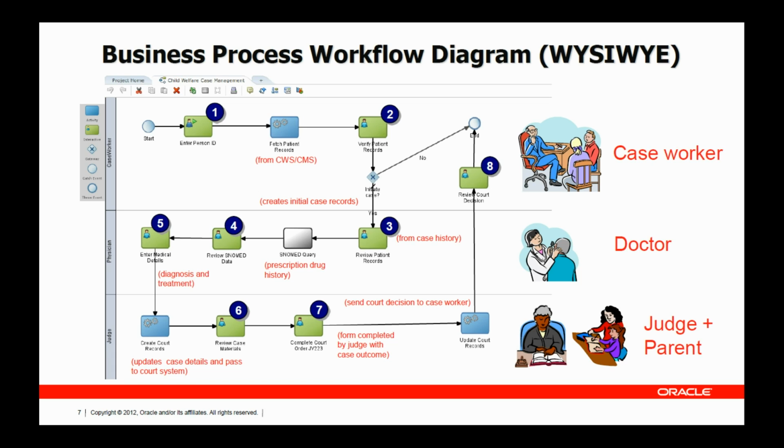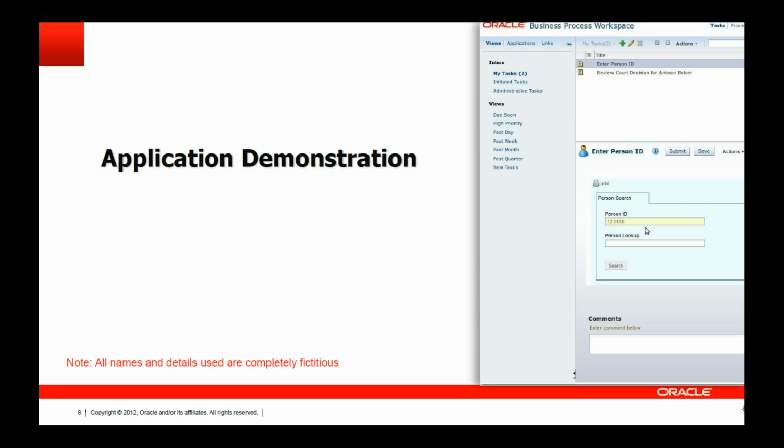That outcome then updates the court records, generates the review decision, which is then sent back to the caseworker for actioning. So that's a quick roundup of the happy path here of the workflow that we've enabled.